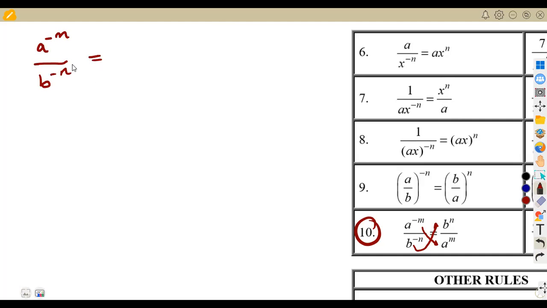So what I simply do is that I want this to be positive. I also want this to be positive. So I take this on the other side because I'm going to have a fraction there. So I'm going to take this on top to be a positive, so it's going to be b to the exponent of n. I will take this down to be a positive, so this will be a to the exponent of positive m. I just hope it makes sense in your simplification.